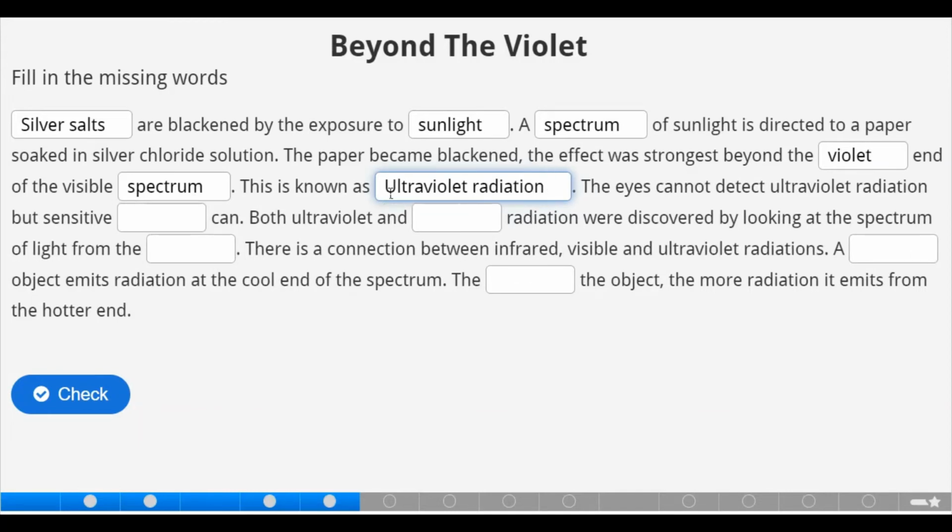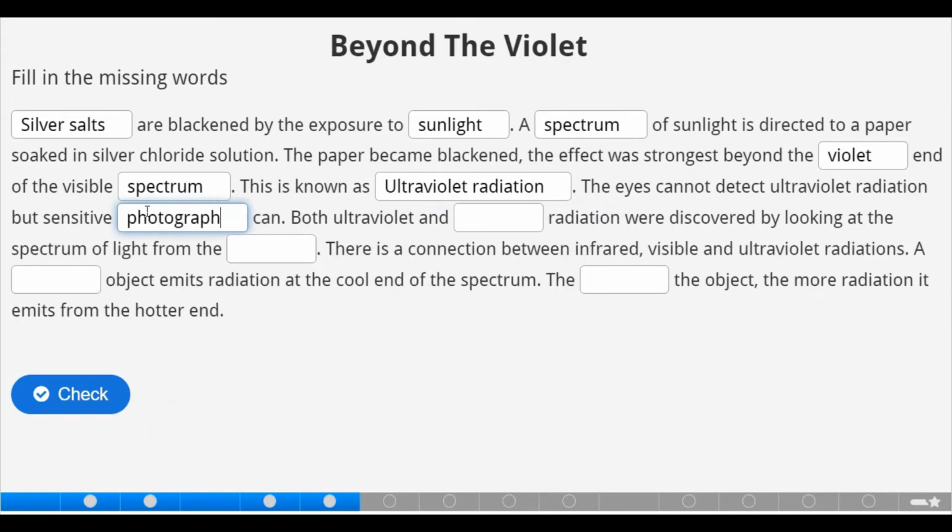The eyes cannot detect ultraviolet radiation, but sensitive photographic film can.